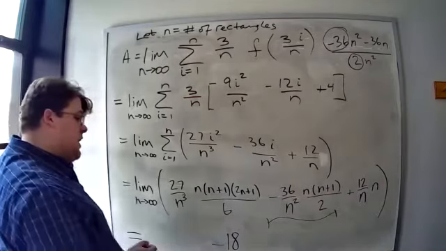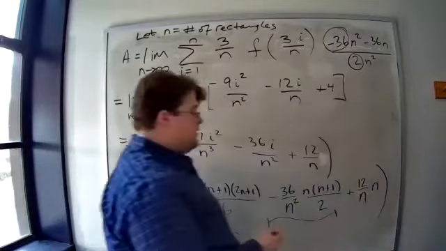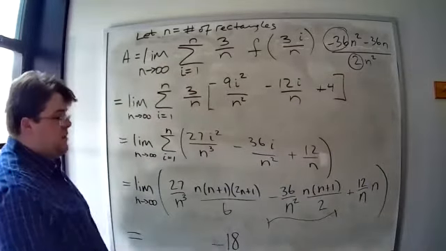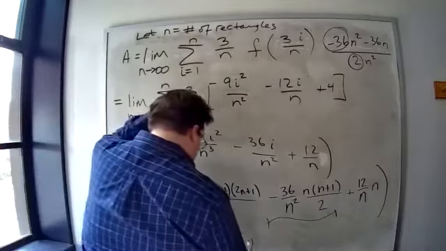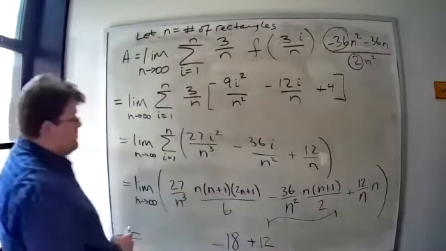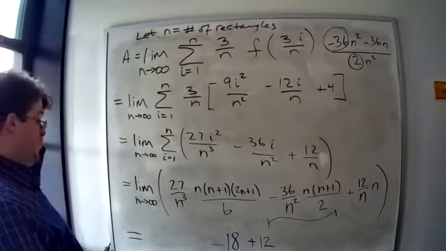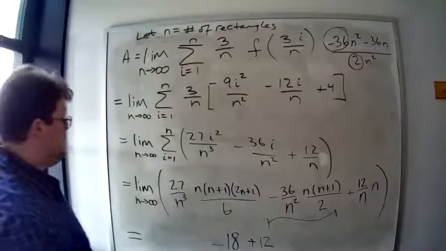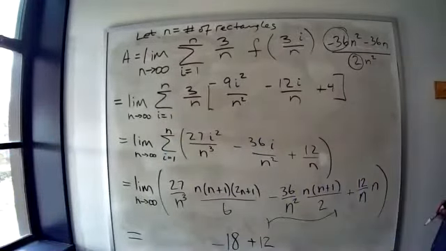Okay, the last piece, this fraction 12n over n, the n's cancel, so that multiplies just to 12. As n goes to infinity, 12 doesn't change. So we have just a 12 there. And what about this first piece? What do we have in the denominator? In the denominator, we have 6n cubed. What do we have in the numerator?